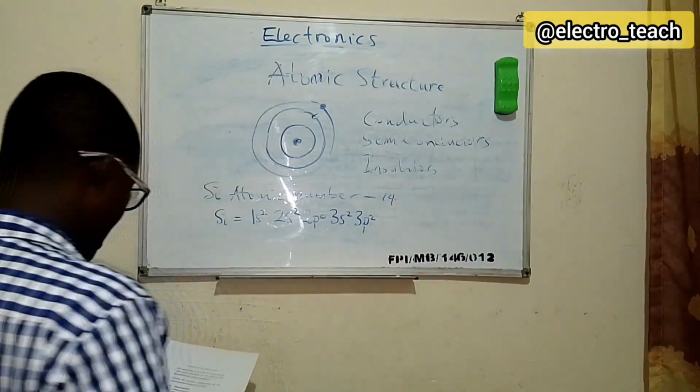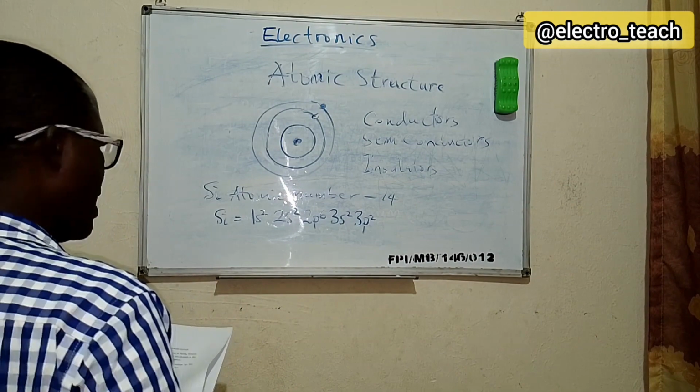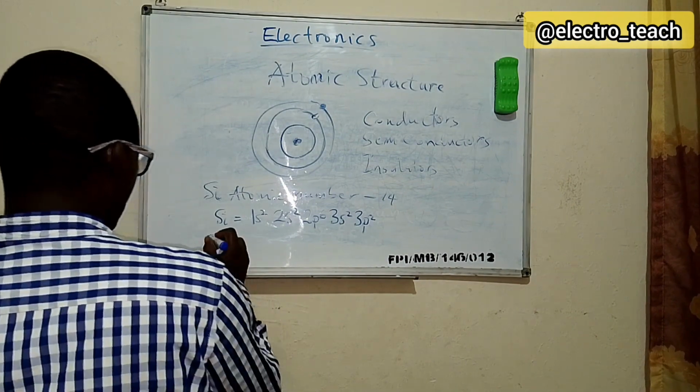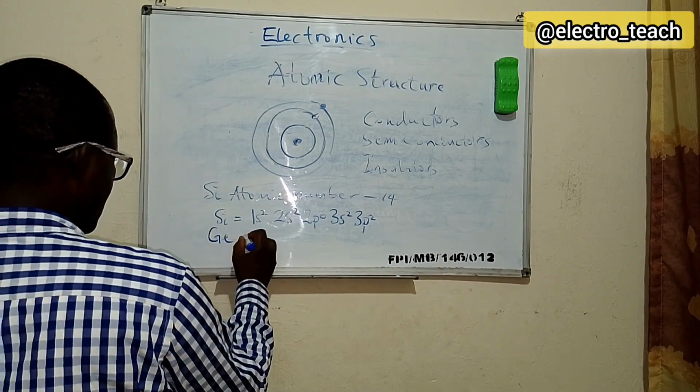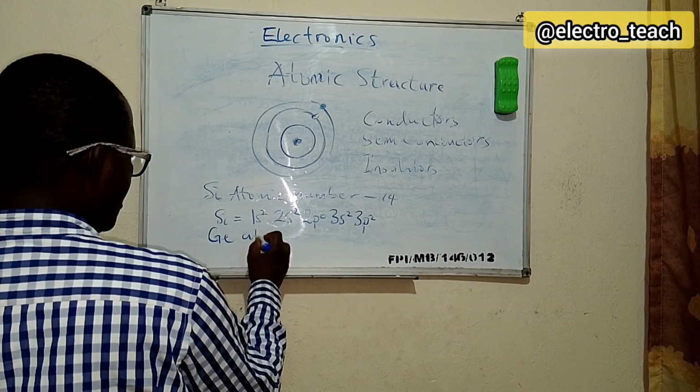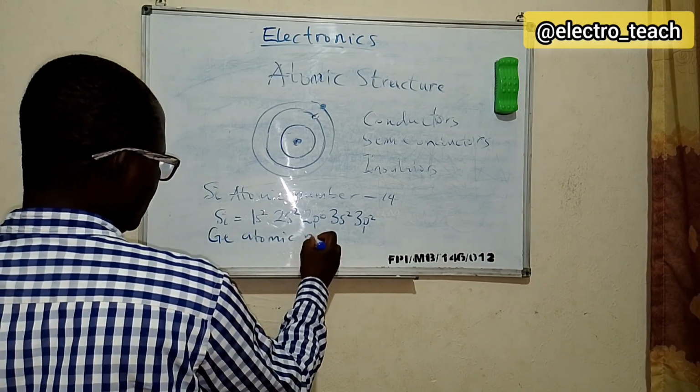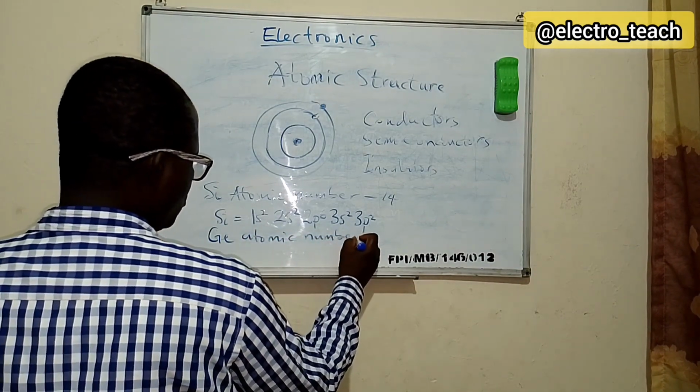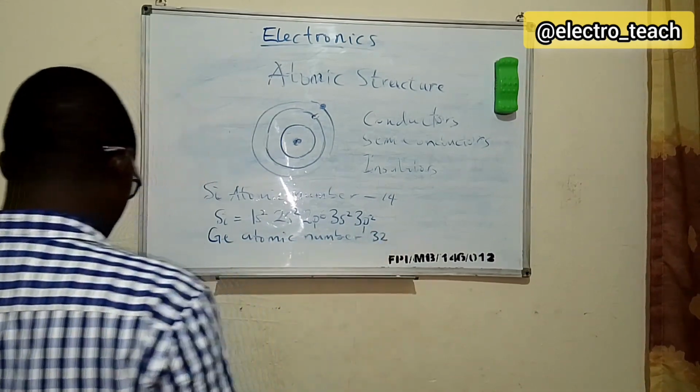For germanium, germanium has 32 electrons. So the germanium atomic number is 32.